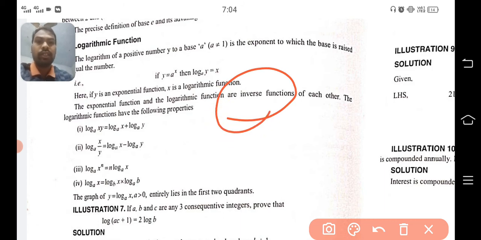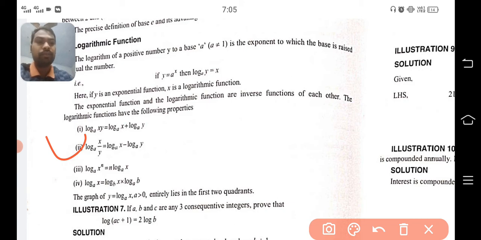The logarithm functions have the following properties. So what are the properties of the logarithm function? The first property is log base a of xy is equal to log x plus log y, considering the base a.